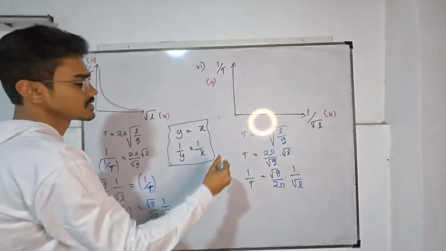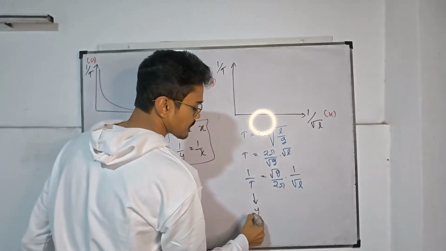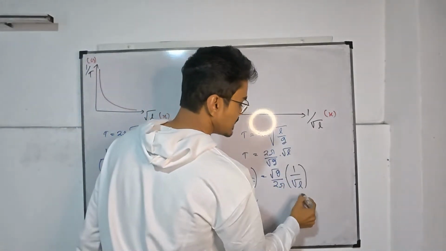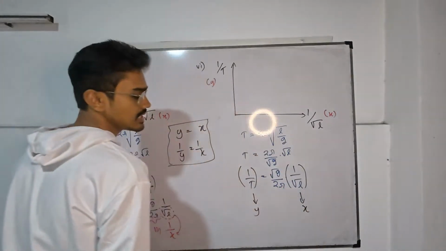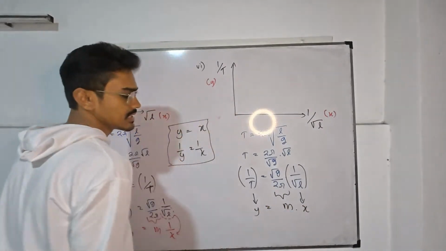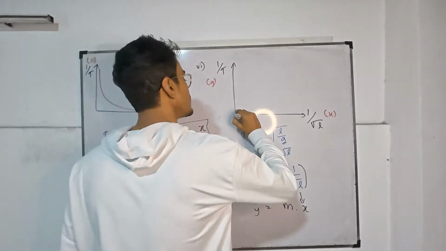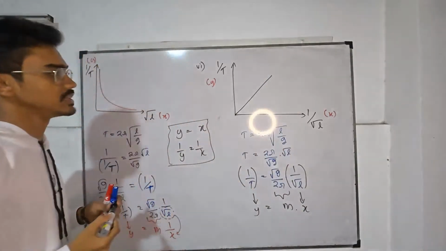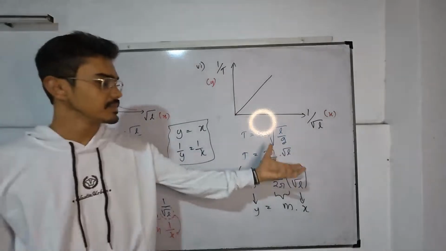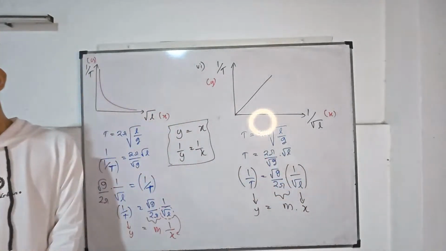Identify variables. 1 over t is y, and 1 over root L is x. And whatever is the product with x is the gradient. So y equals mx. That is again going to be y equals mx. Write it down.